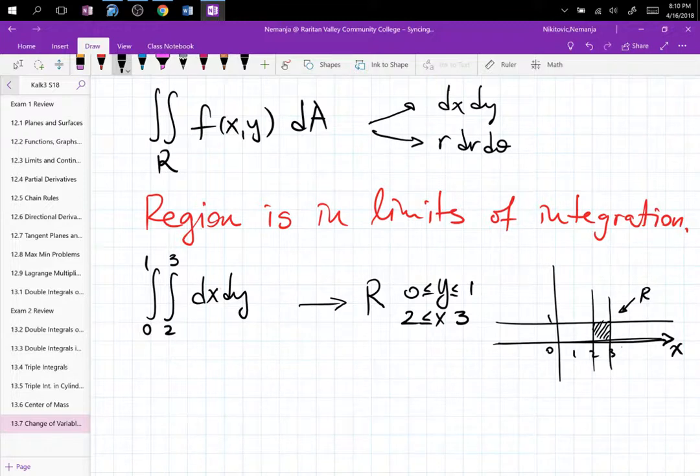So our goal now is to transform that region into something else. Now, why would we be doing this? Well, the same reason as u-sub in Calc 1. You can't integrate, and if you can't integrate, maybe u-sub can help.